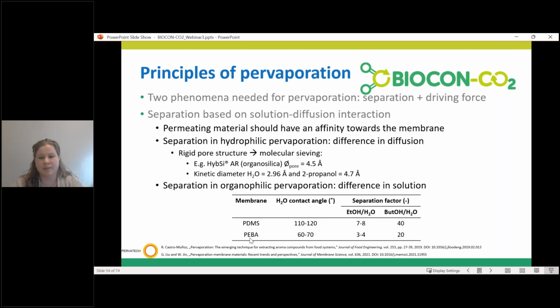And due to this increased hydrophobicity, it is able to more selectively separate ethanol, as can be seen by these higher separation factors. Then if you look at the two solvent systems, you can see that for both the PDMS and the PEBA membrane, the separation factor is higher for the butanol separation as compared to that of the ethanol separation. And this is because butanol is a more hydrophobic material.